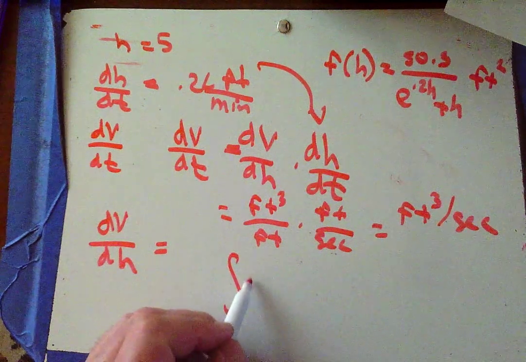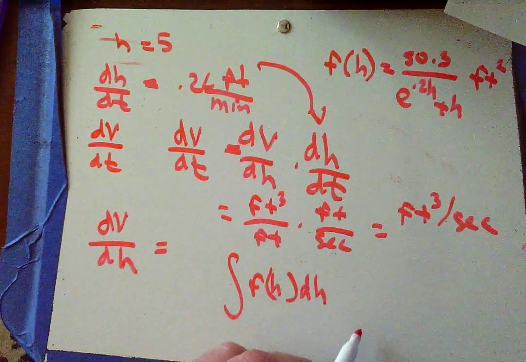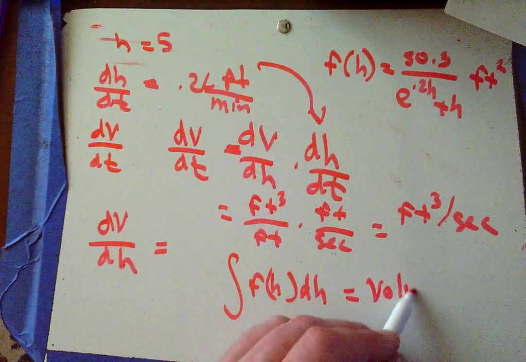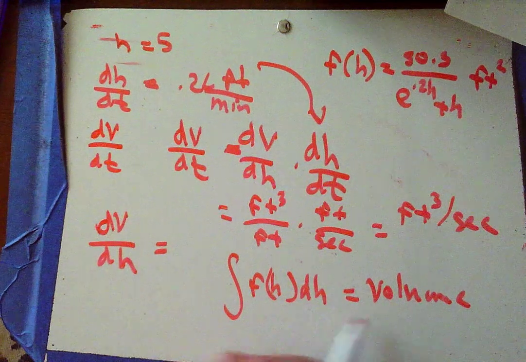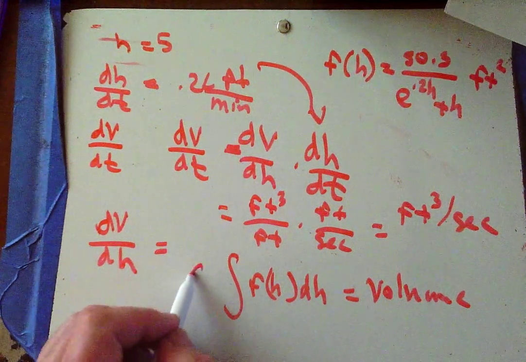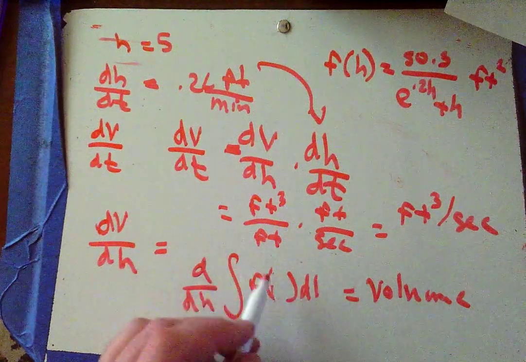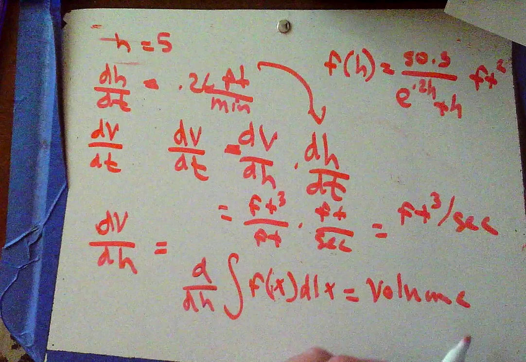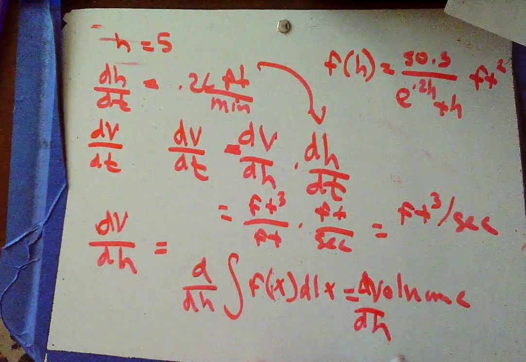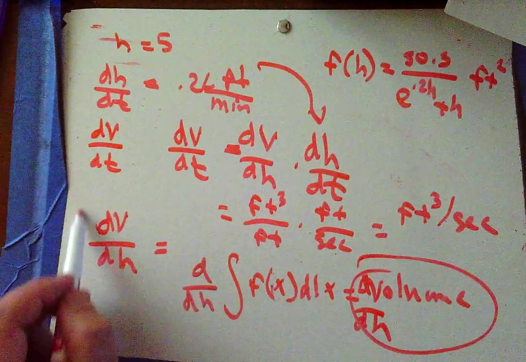Remember how in part C I said if I integrate this, I'm going to get volume? Well, let's take the derivative of this equation. So d/dh, and over here I'll have dV/dh.